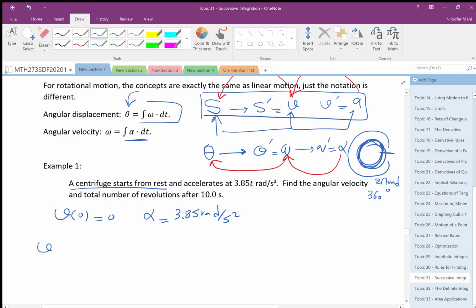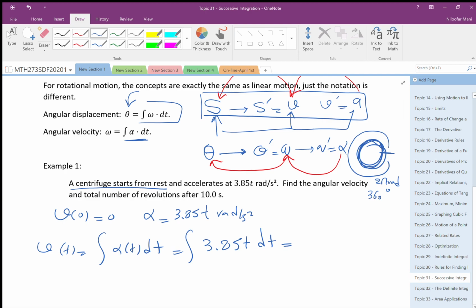So v(t) is the integral of alpha t dt, which is the integral of 385 t, it's t here, I missed that part, dt. Now what is the answer? Questions from this part are very easy because the functions are very easy.